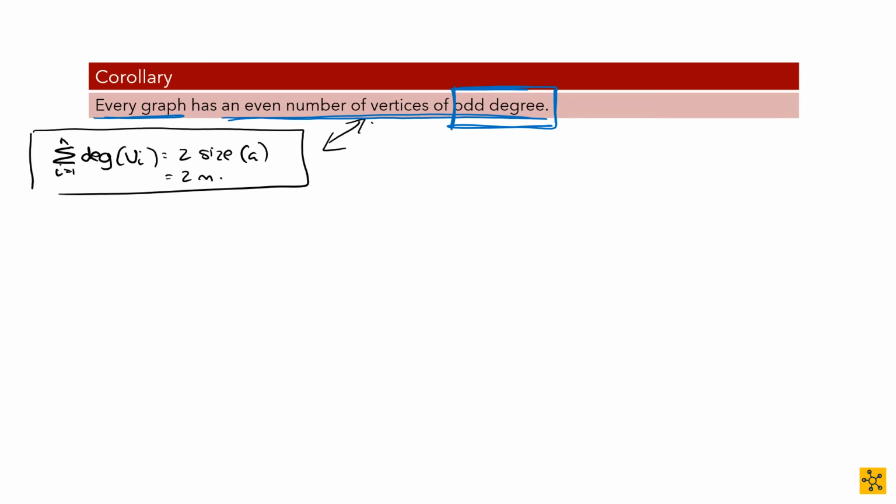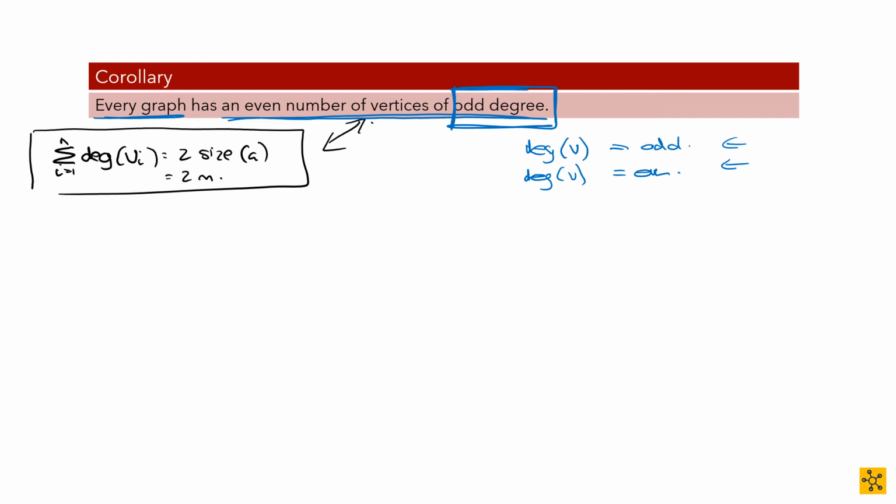So when it comes to our proof, we're obviously going to want to at least separate those two out. So we are going to want to discuss the degrees of the vertices which equal an odd number, and the degrees of the vertices which equal an even number. And we're going to want them as separate sets.